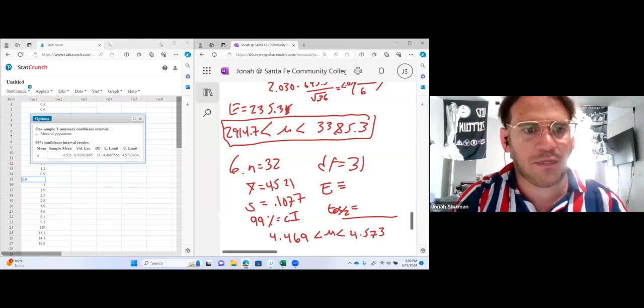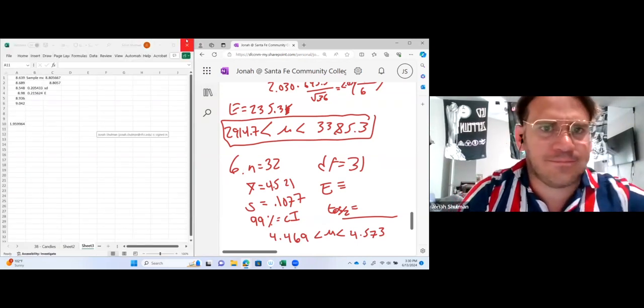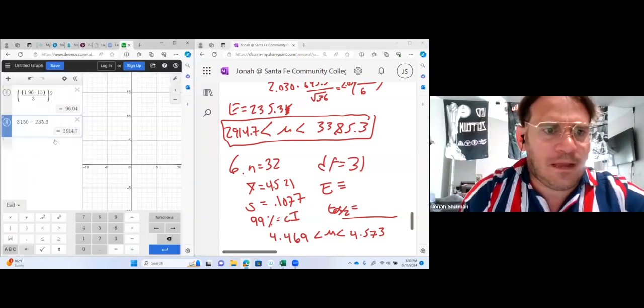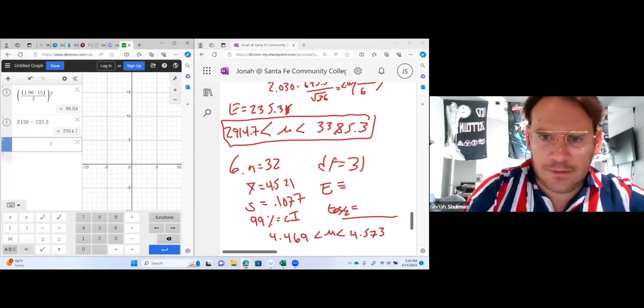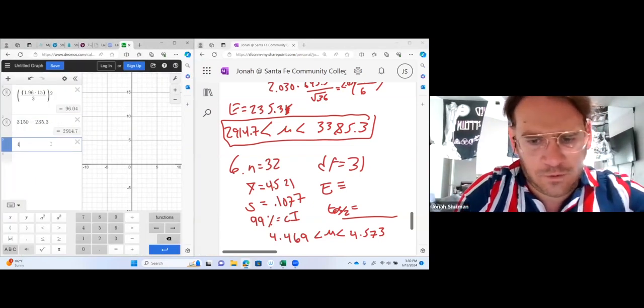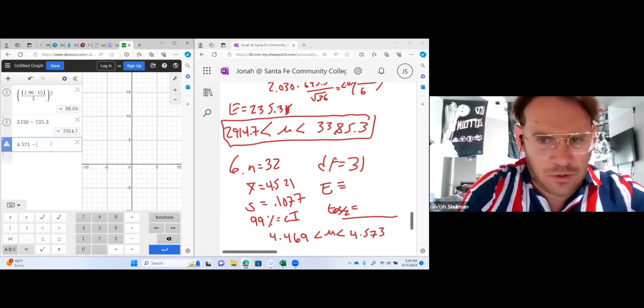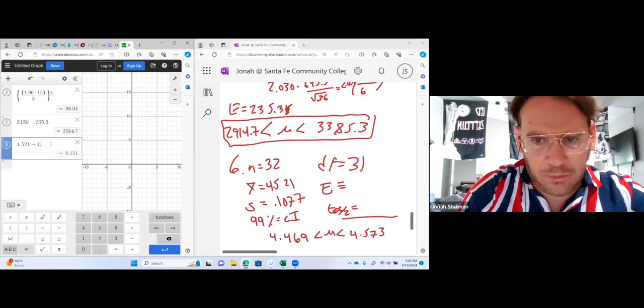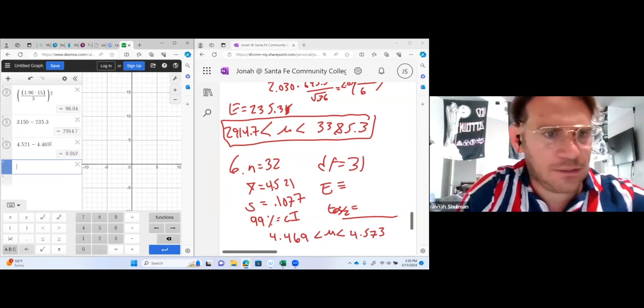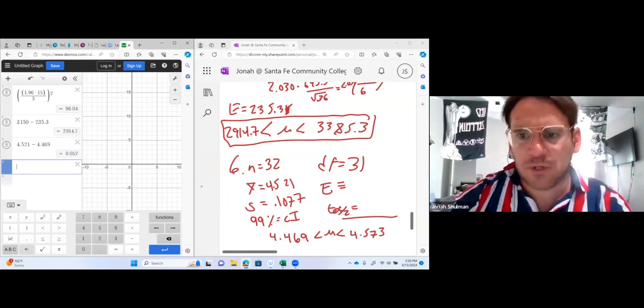What do I mean by that? So I can just take the mean 4.521 and subtract 4.469, so that I already know the error is 0.052.